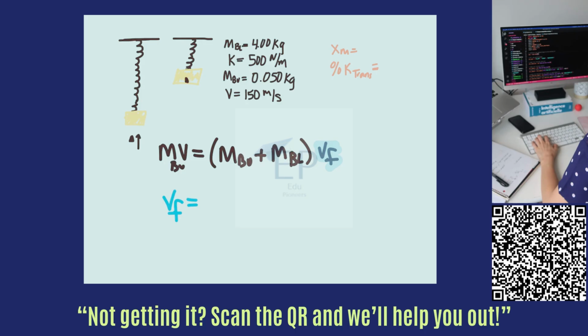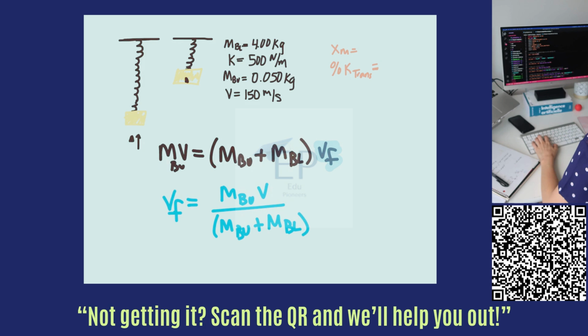equals the mass of the bullet times the velocity of the bullet divided by the mass of our bullet plus the mass of our block.